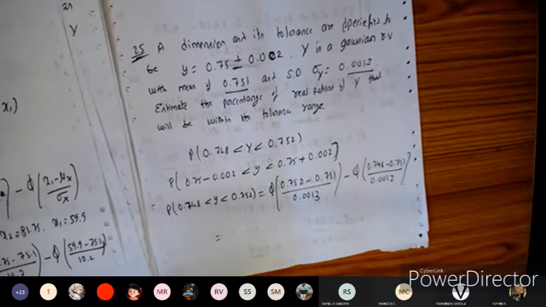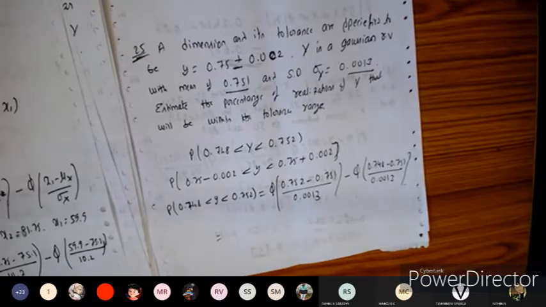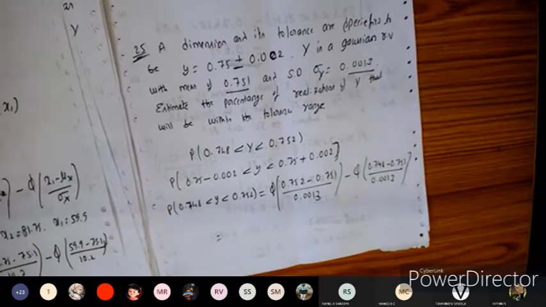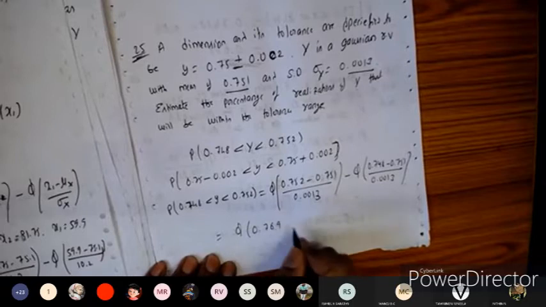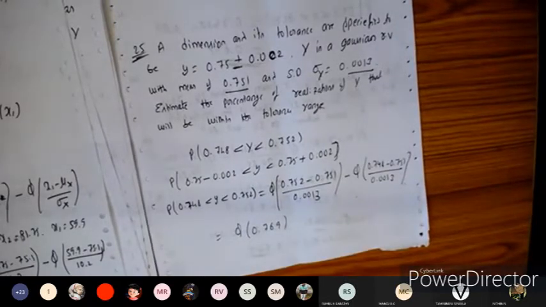So divided by 0.0013. So this will become 0.769. We got the first answer 0.769.